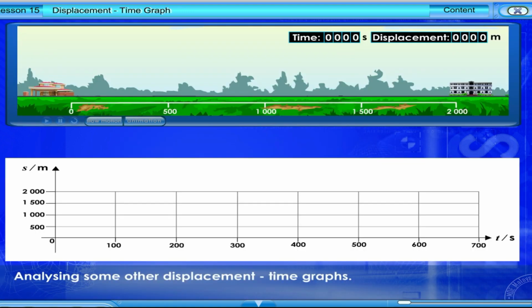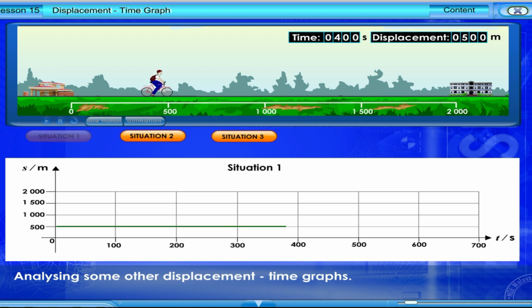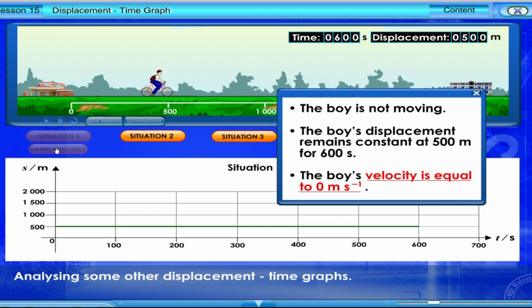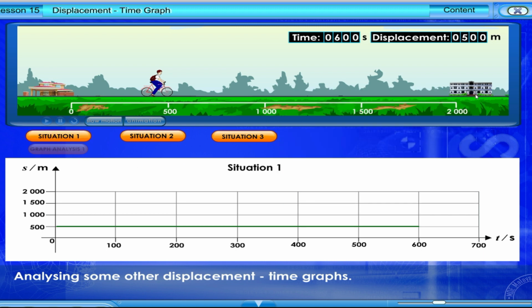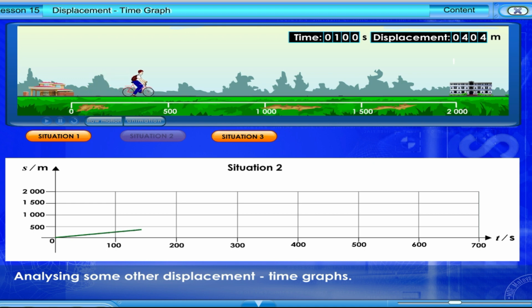Click on the Situation 1 button. Describe the boy's motion. Click the Graph Analysis 1 button. Click on the Situation 2 button.